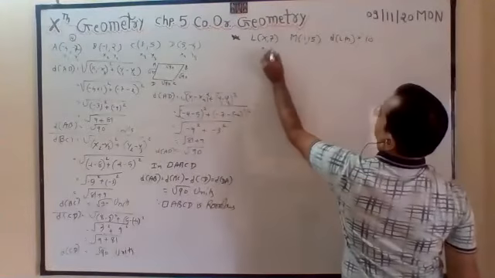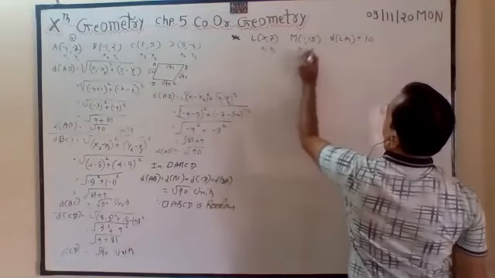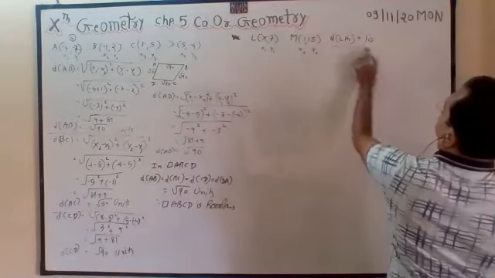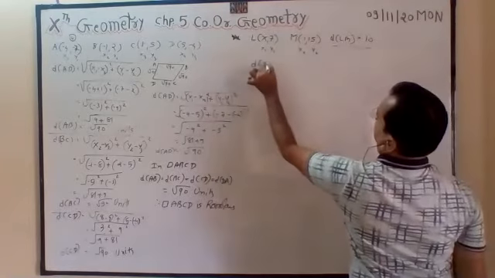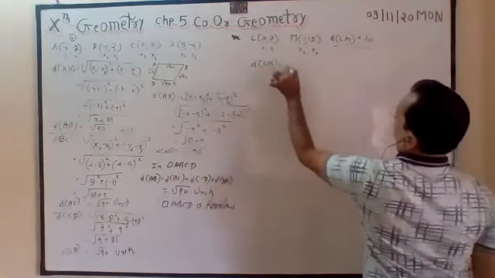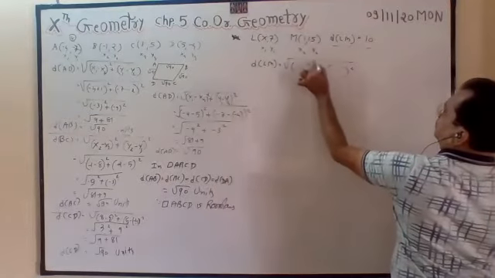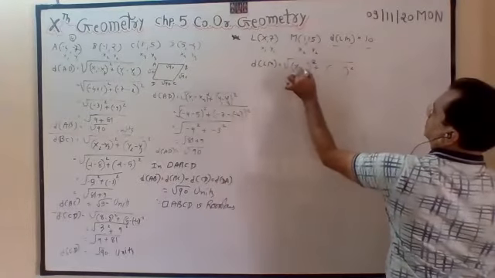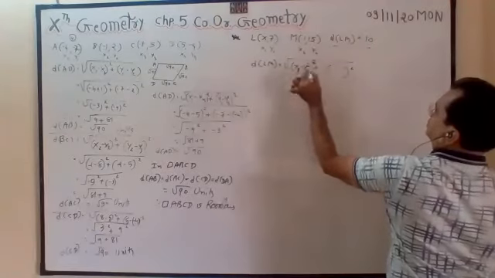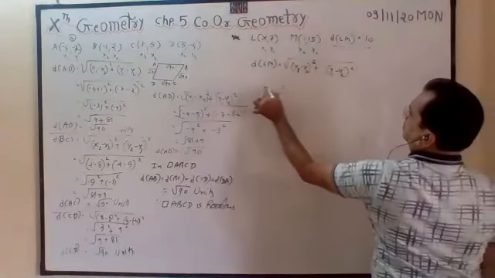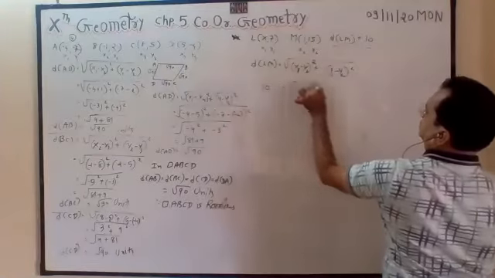As per our formula, this is x1, y1, x2, y2, and this is the distance given. So distance LM is x1 minus x2, y1 minus y2. This is the already given distance.